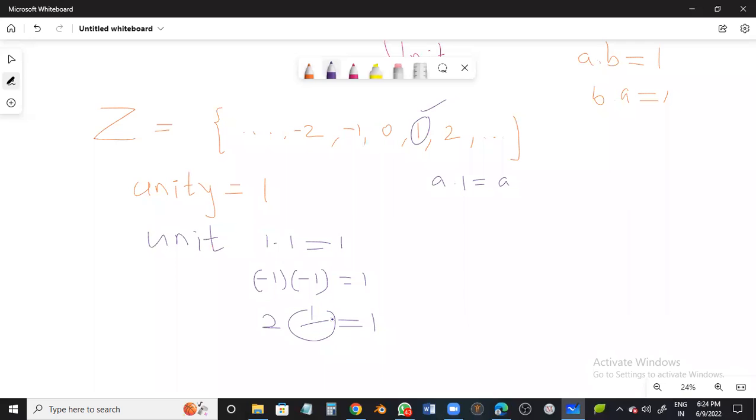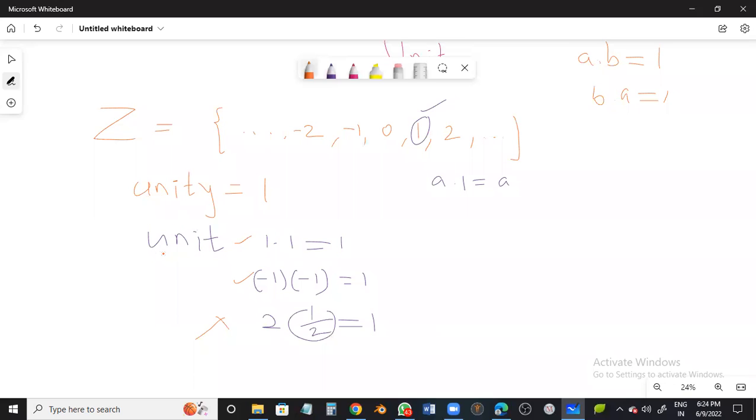It should be half. Then only, with usual multiplication, this is possible. But half is not an integer. Half is not present in my set. This is not possible, and that's why we say 2 is not invertible. 1 is invertible, minus 1 is invertible, but 2 is not invertible.